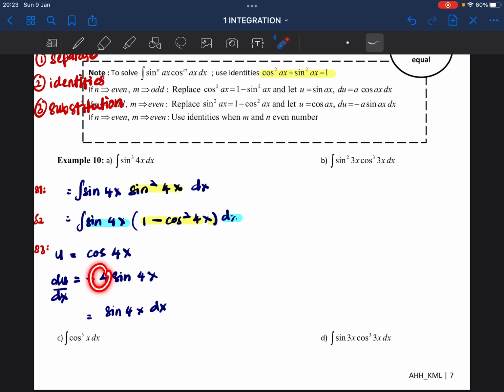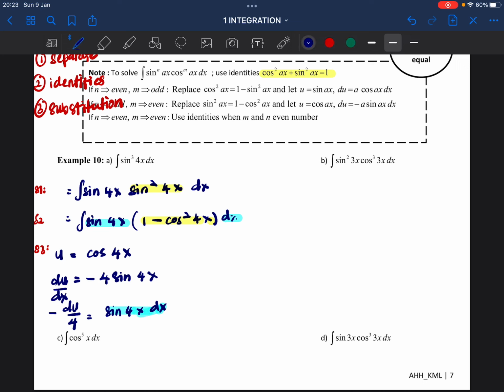So negative 4 will be moved to the left hand side. Therefore we will have negative du over 4. So we are going to change the blue color sine 4x dx into negative du over 4.